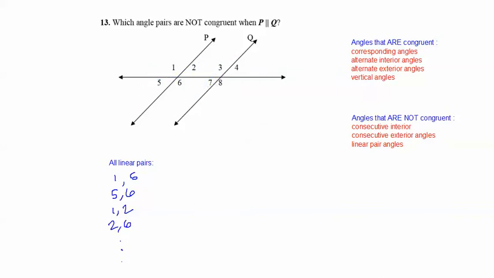Other angles that are not congruent, you can make a list of all the consecutive interior. So on the inside, 2 goes directly to 3 here, so 2 and 3 are consecutive interiors, as well as 6 and 7.